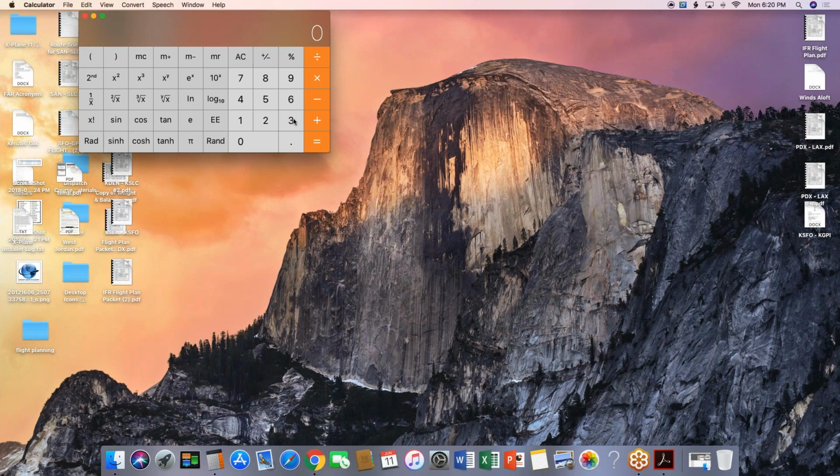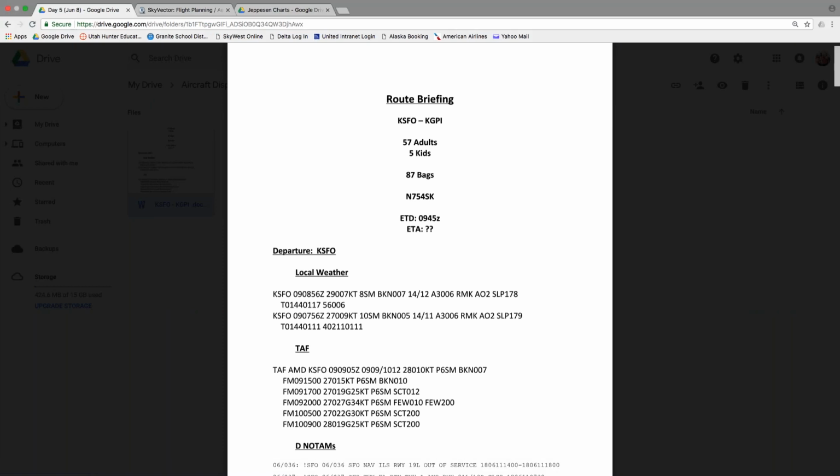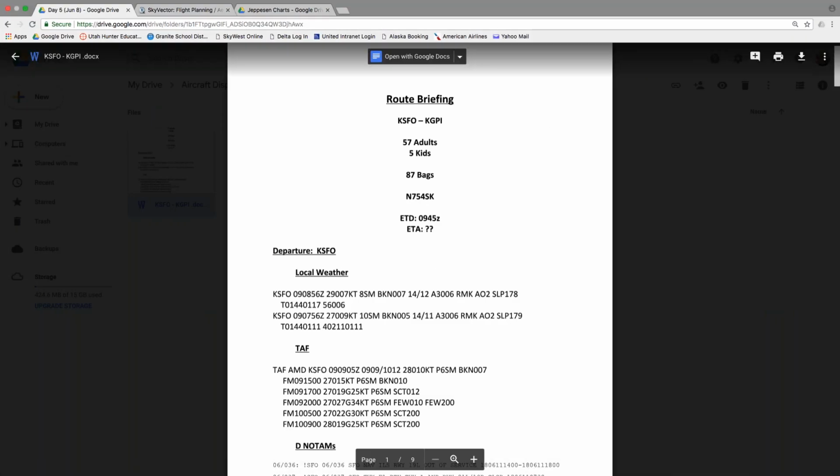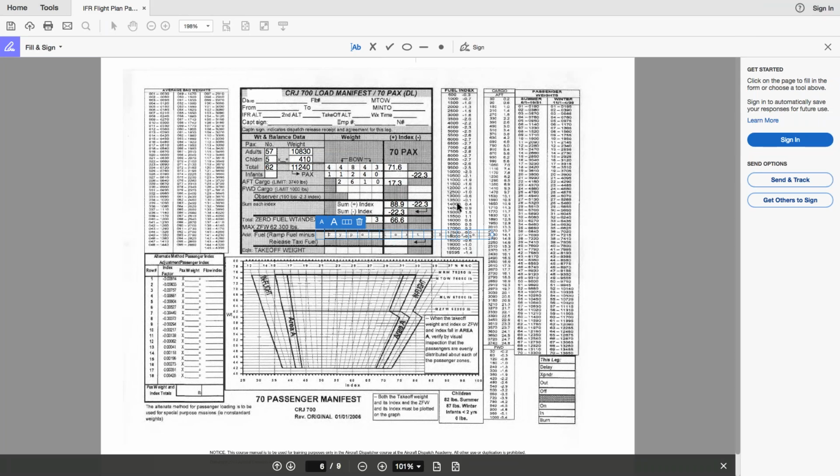We take the 3,000 pounds because it's after our first hour. We divide it by 60 minutes, and that gives us 50 pounds of fuel per minute. Multiply that by 6, that gives us 300 pounds. So add that to our 7,000 pounds, you get the 7,300 pounds. So that's our estimated fuel.